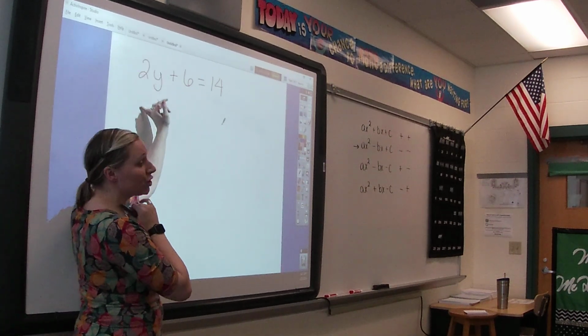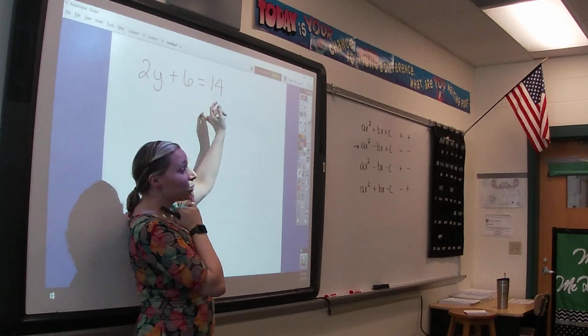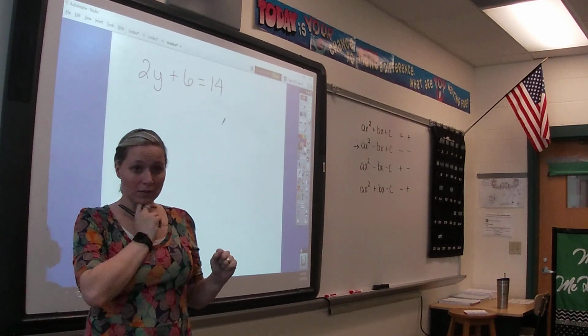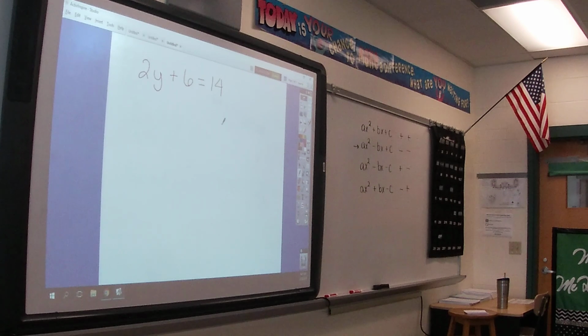We have multiplication and we have addition. So 2 operations. We said that we want to do order of operations backwards, right? That's SADMEP. So we're going to undo any addition or subtraction first.